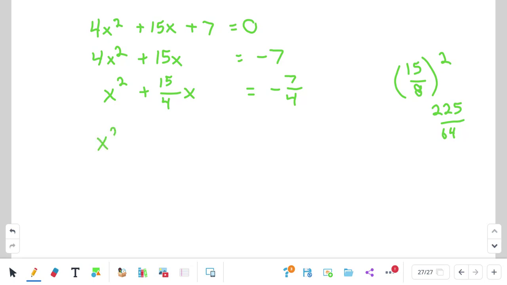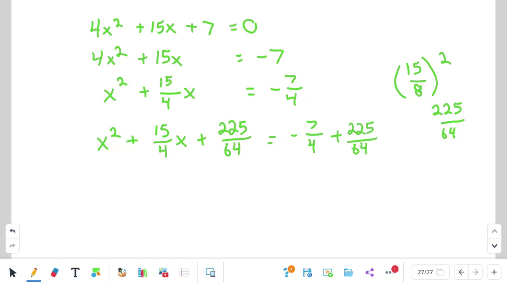So you'd end up with x squared plus 15 fourths x plus 225 64ths. And don't forget to add 225 64ths to the other side. Okay?